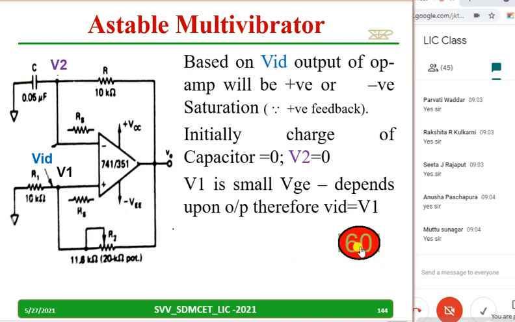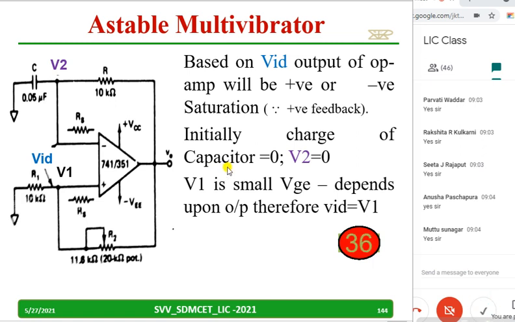Just take a few seconds and copy down 1 or 2 lines from this. Initially capacitor voltage is equal to 0, and therefore V2 is equal to 0. V1 is a very small voltage. Because of this V1 and V2, VID will be equal to the small voltage V1. If you note 1 or 2 lines, it is more than enough.